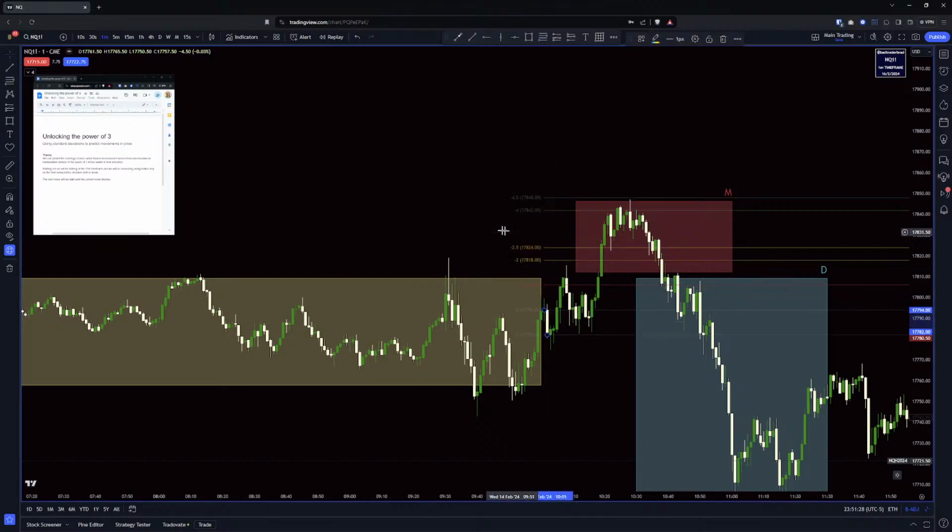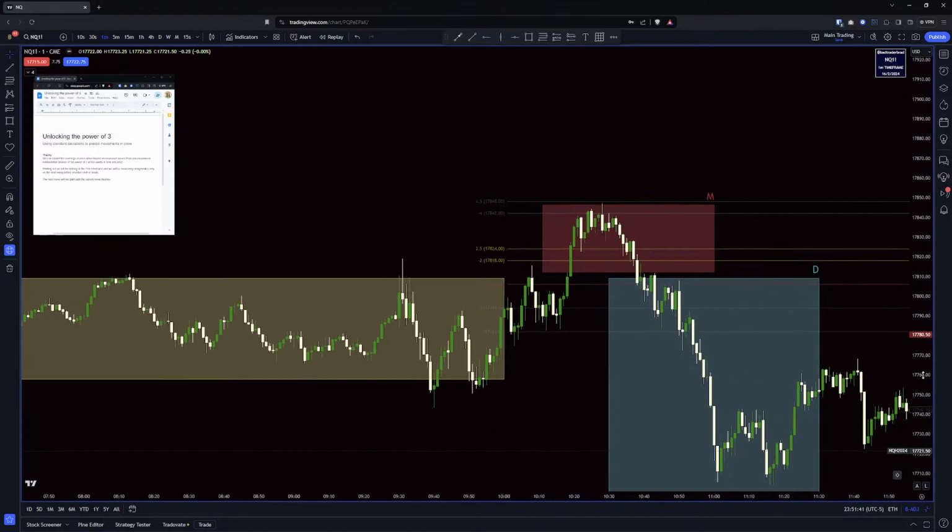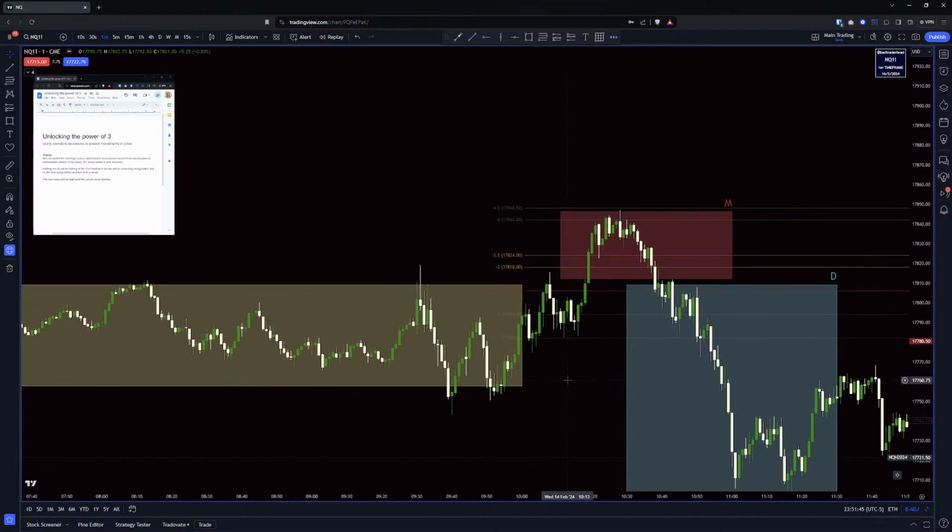But let's say yeah, that works. If you say that this one doesn't count because it doesn't displace through, it does close above, right? This is where it gets very subjective. It's all good, man. You just missed the most important projection, but it's cool.